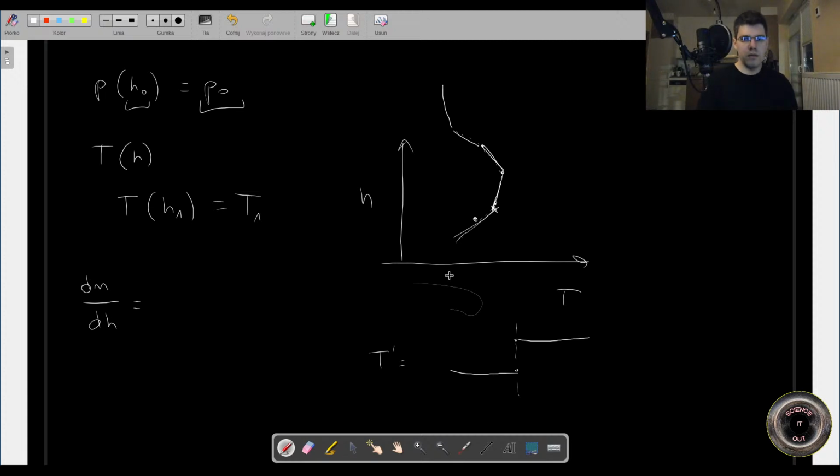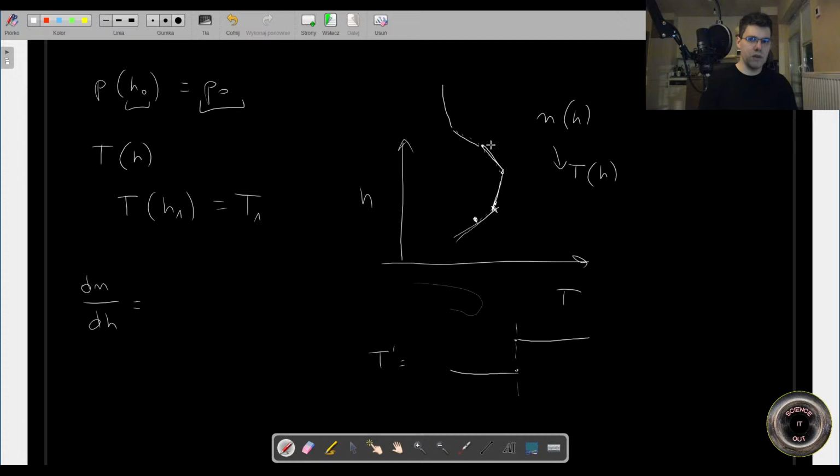So, to calculate the index of refraction at a given height, basically what the program would do would be calculate temperature at this height, which is easy because we just take it directly from the definition. Knowing this point and all the derivatives here is completely enough to calculate a temperature at any given height.